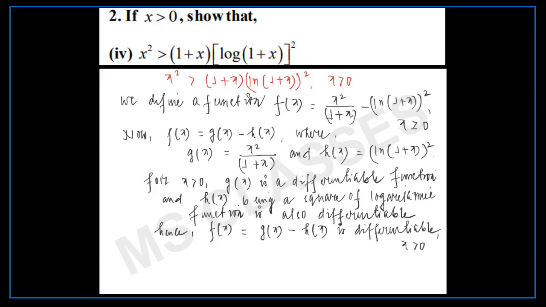Now we differentiate this f(x), that is f dash x. We get, by the u by v rule, x plus 1 whole square in the denominator. So x plus 1 into d/dx of x square is 2x, minus x square into 1, minus twice ln 1 plus x by x plus 1. Now with further simplification we get 2x square minus x square, that is x square plus 2x.